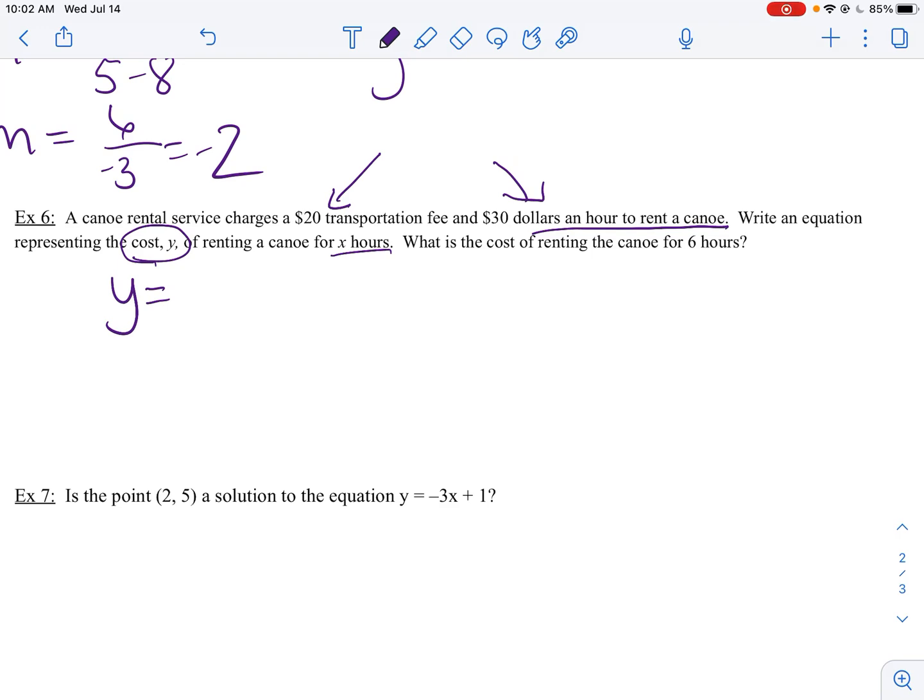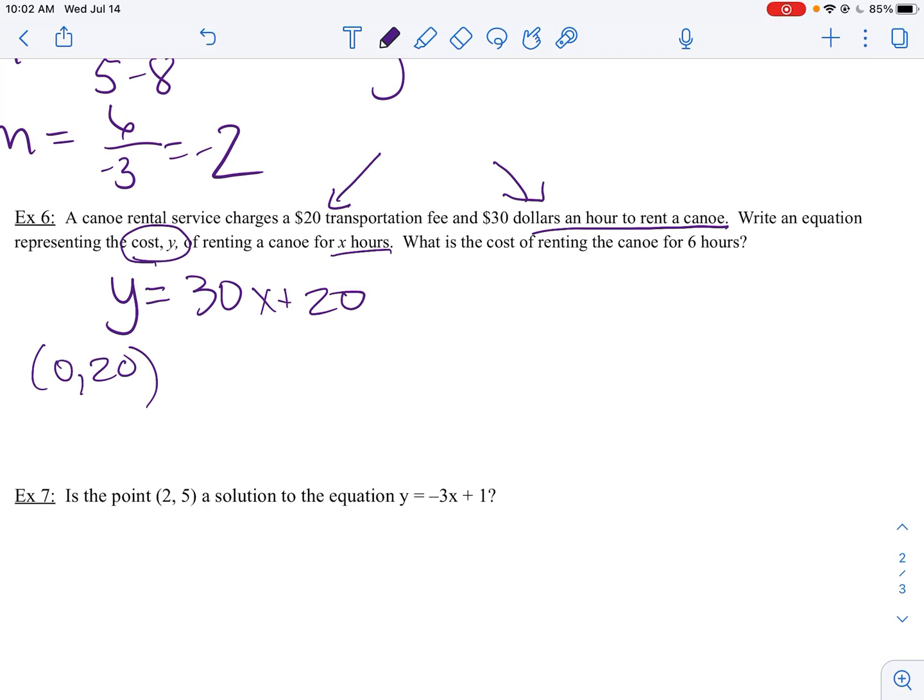There is a down payment of $20. Automatically, no matter how long you're going to have it, you have to pay $20. So that's my y-intercept. Even if it's zero hours, you're still going to have to pay $20 because that's just the fee. $30 is how much it costs every hour. So that goes for my slope.